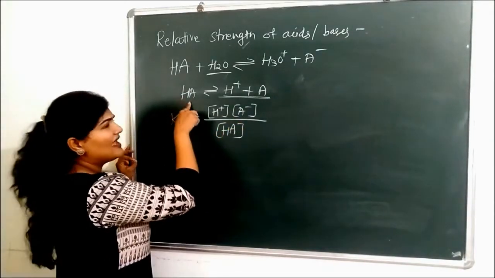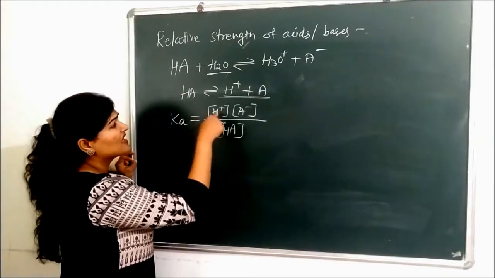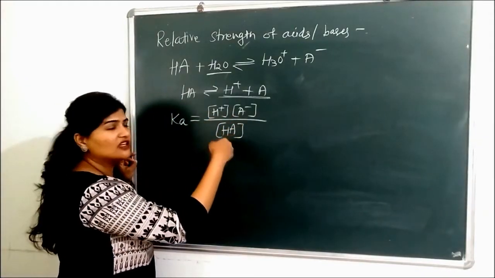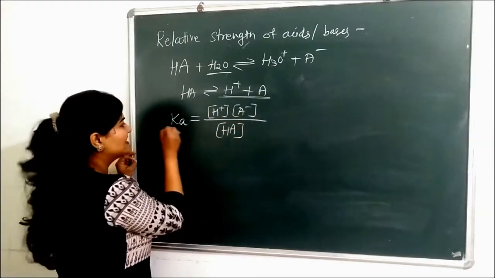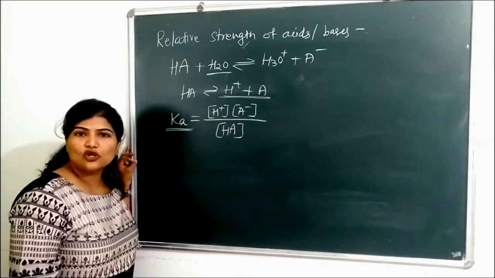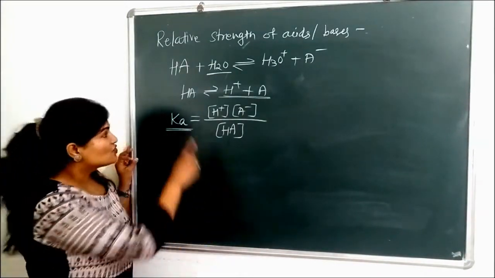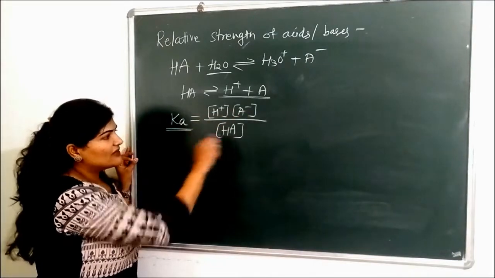I have only one reactant here, HA, and two resultant products. So I'll take a ratio of their concentrations, and that will give me the dissociation constant for that particular acid. So Ka is [H+] into [A-] upon [HA].